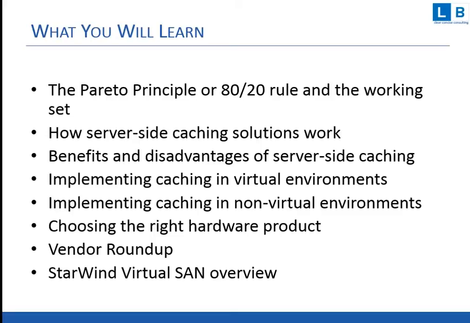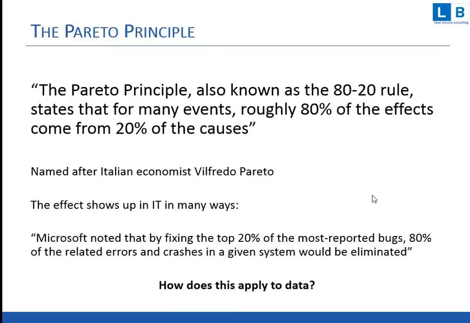We'll then look at how we can implement this in a virtual environment and a non-virtual environment and see the differences between the two. We'll then briefly talk about some of the hardware products that we would use to implement server-side caching. Finally, we'll talk about a vendor roundup. At that point, I'll hand over to Max, and Max will take you through some of the features of the StarWind product with reference to this. So first slide, please, Max.